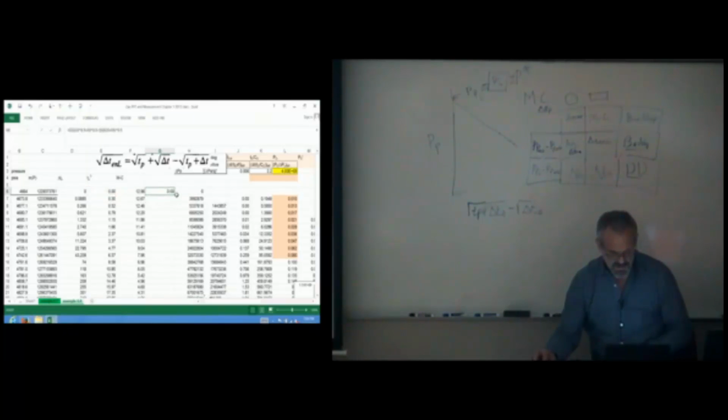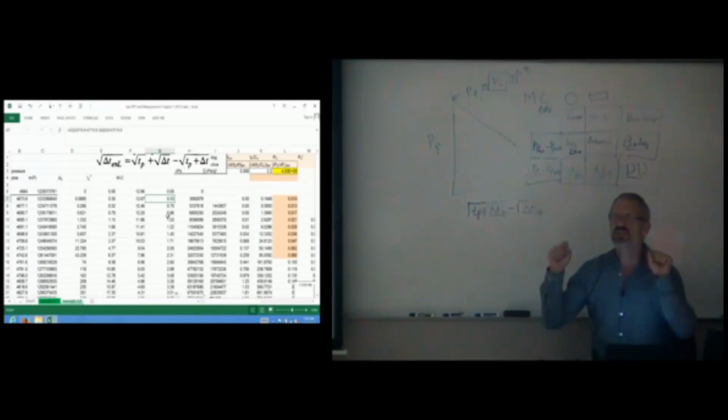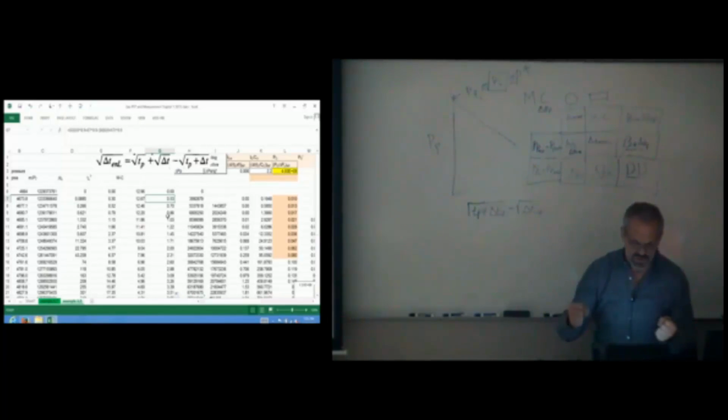And now I'm ready to copy this down. And so these numbers, 0.08 became 0.53. Okay, that's because this is the square root of effective time.